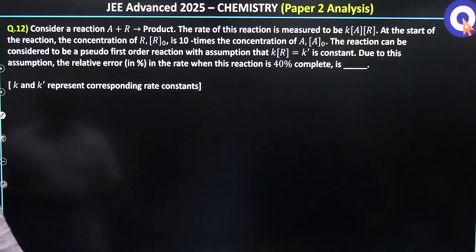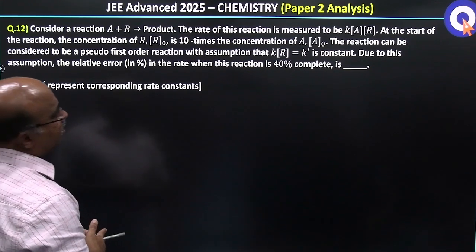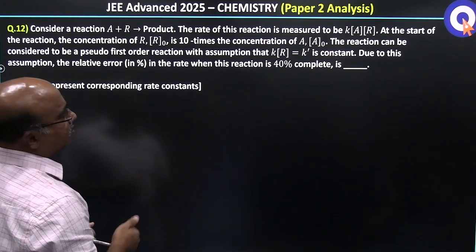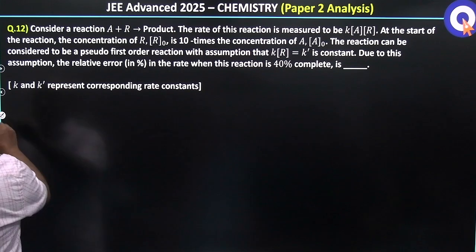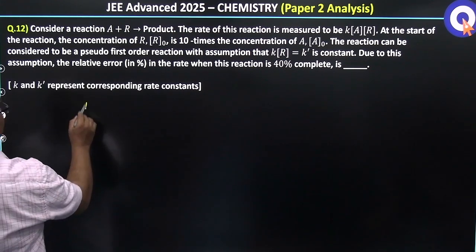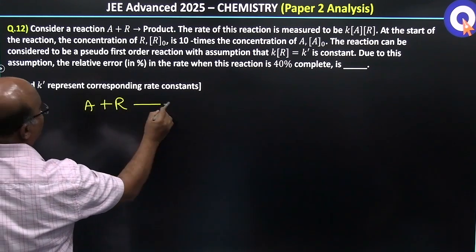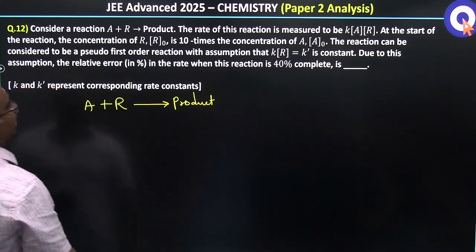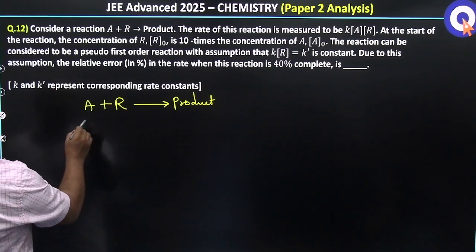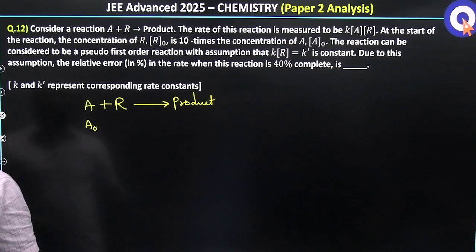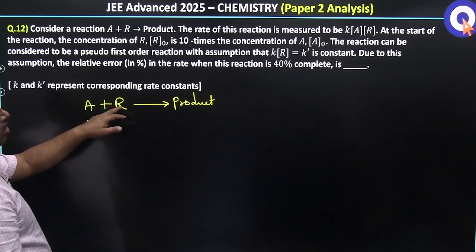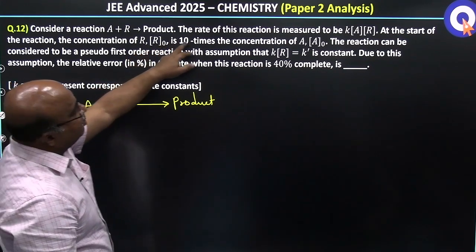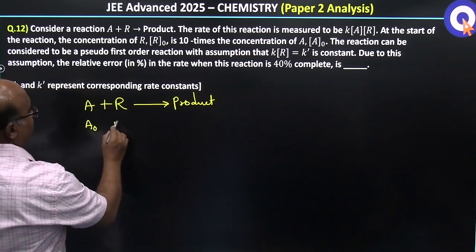Due to this assumption, the rate error we are getting in the rate measurement is when 40% of the reaction is completed. So let us say the reaction is A plus R giving the products. The given condition was, initially if the concentration of A is taken as A naught, the concentration of R is taken as R naught, but he said R naught is 10 times that, so it is 10 A naught.